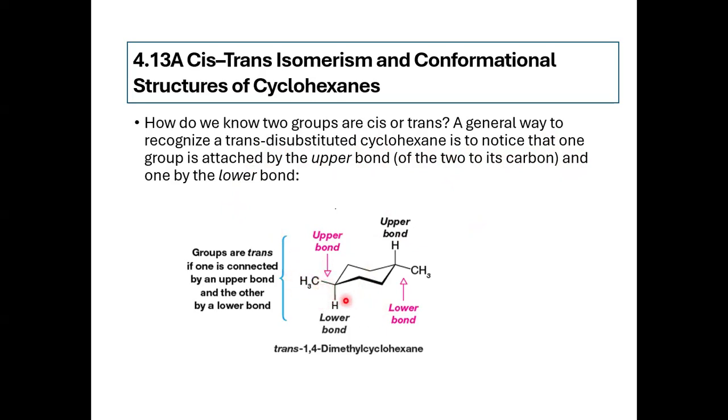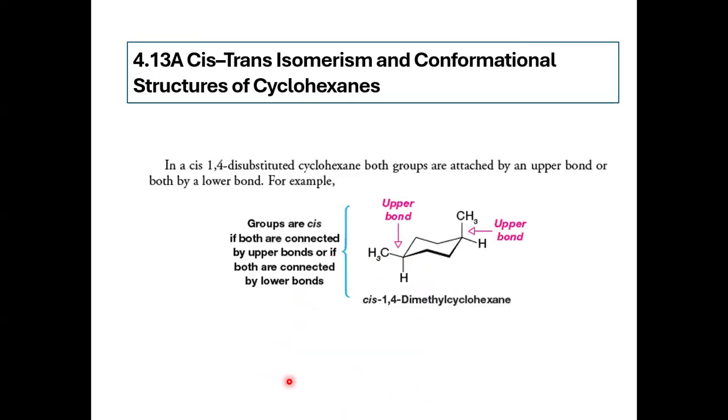Okay, you have to know, between these two groups of atoms attached to these carbons, this one is down, this one is up. The bulky group here on this carbon is up, and the bulky group on this carbon is down. So they are trans to each other. And you call this trans 1,4 dimethyl cyclohexane.